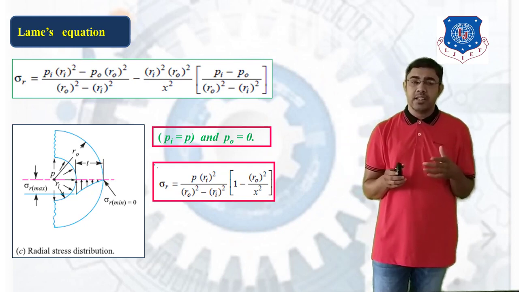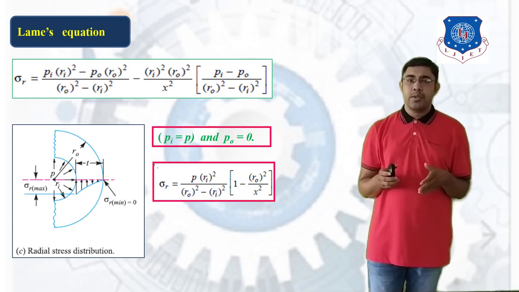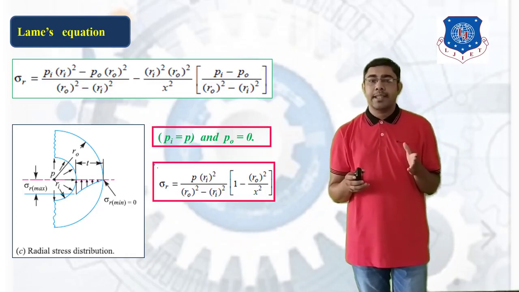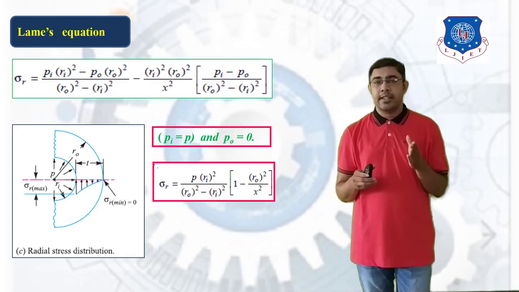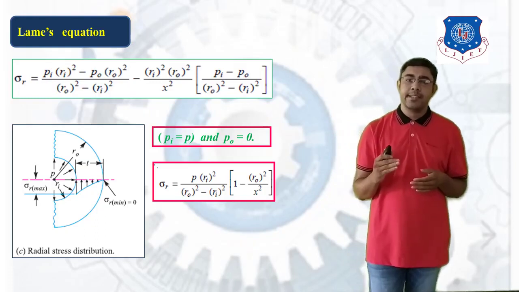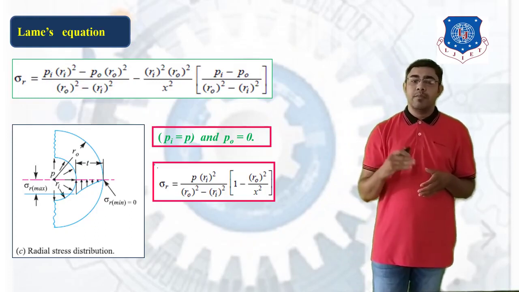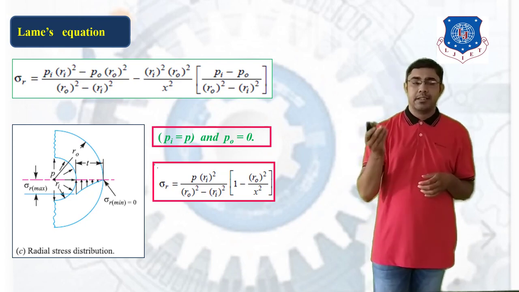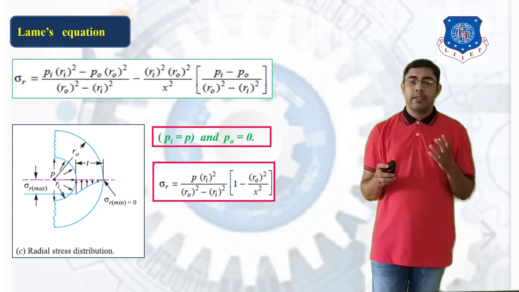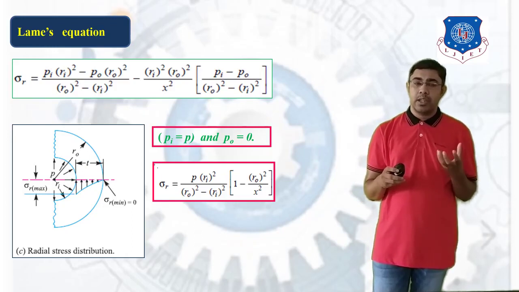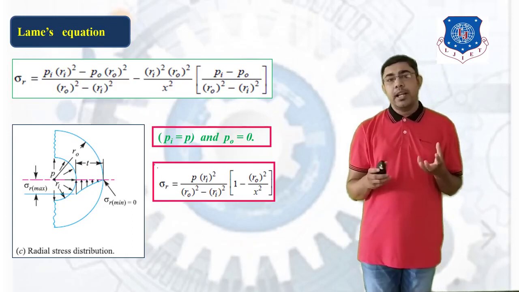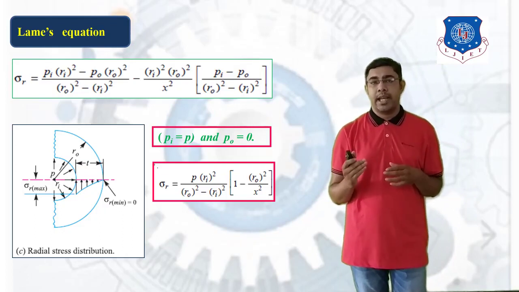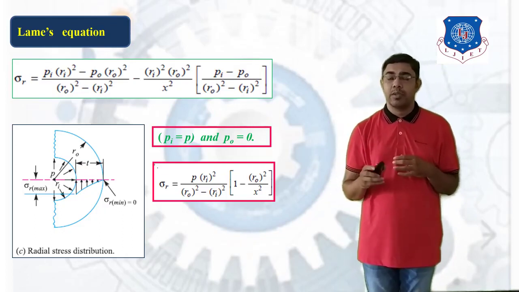And if we see the radial stress distribution in the graph or figures, there is maximum radial stress at the inner surface of the cylindrical shell and minimum radial stress at the outer surface of the cylindrical shell, and it is equal to 0. So to calculate sigma R maximum, we have to place the value of x is equal to Ri in the above equation.